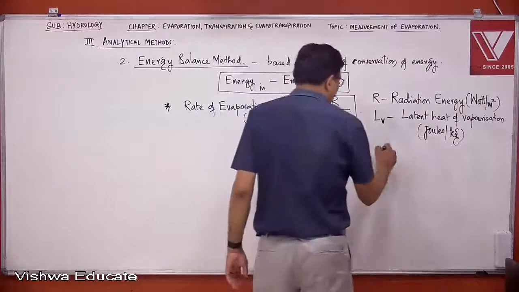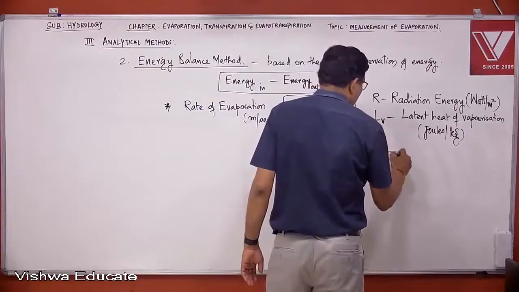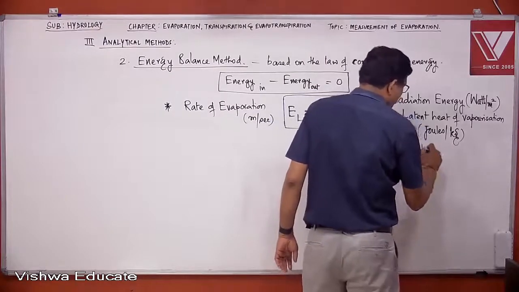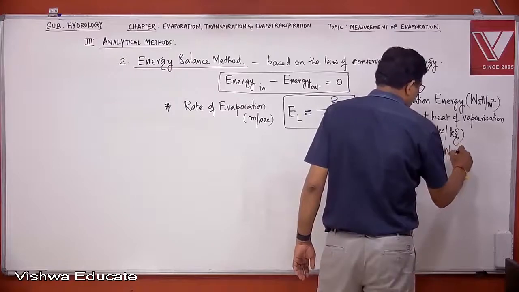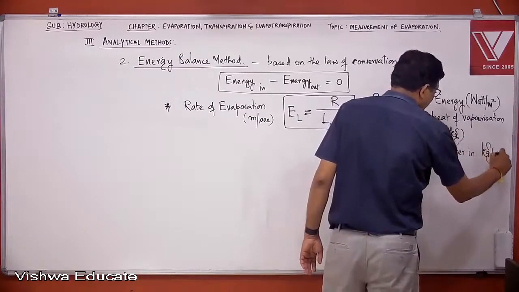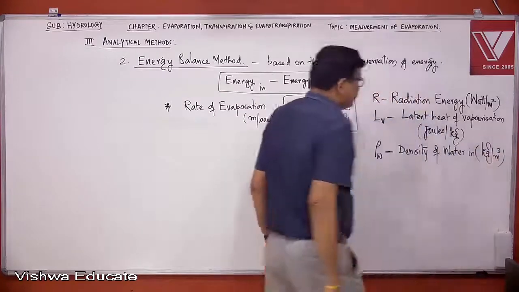Whereas rho W is the density of water in kilogram per meter cube.